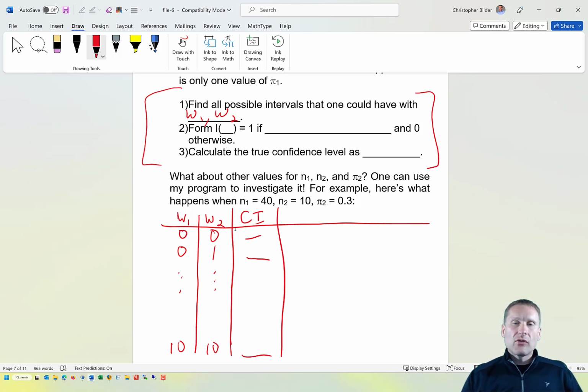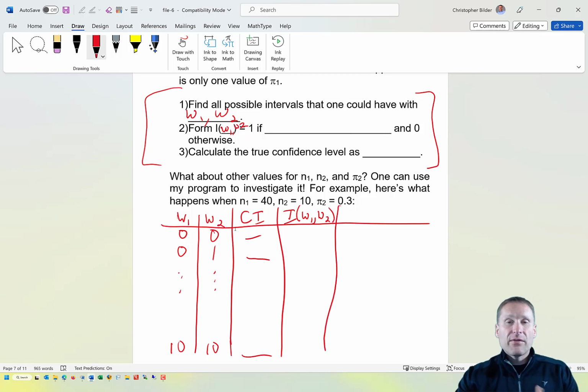Then step 2, what I need to do is find my indicator function like what we saw before. This is going to be a function of W1 and W2. This indicator function tells me, is pi1 minus pi2 in the corresponding interval or not? So I can form another column here referring to this indicator function.